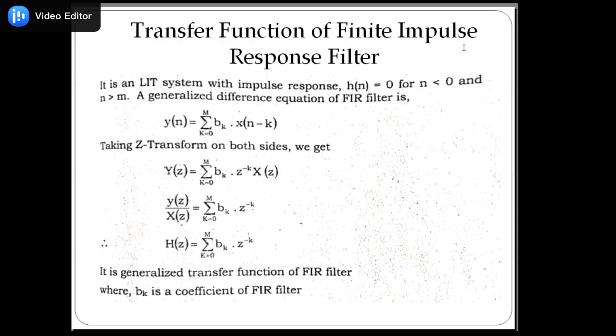Transfer function of a finite impulse response filter. It is an LTI system with impulse response h(n) equal to 0 for n less than 0 and n greater than M. A generalized difference equation of a FIR filter is y(n) = summation k = 0 to M b(k) x(n-k).